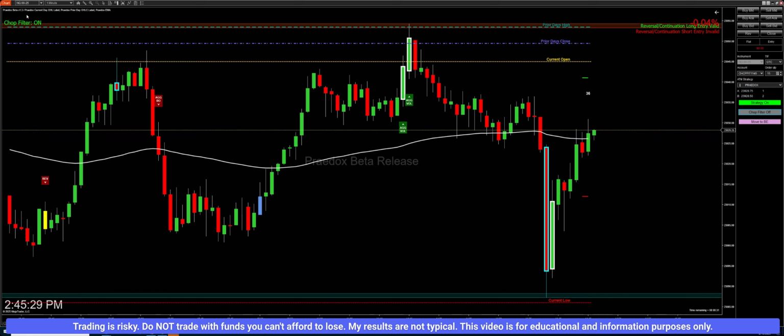So you'll see up here, there's the chop filter indicator. As soon as this bar finishes and prints, this will now be turned off.